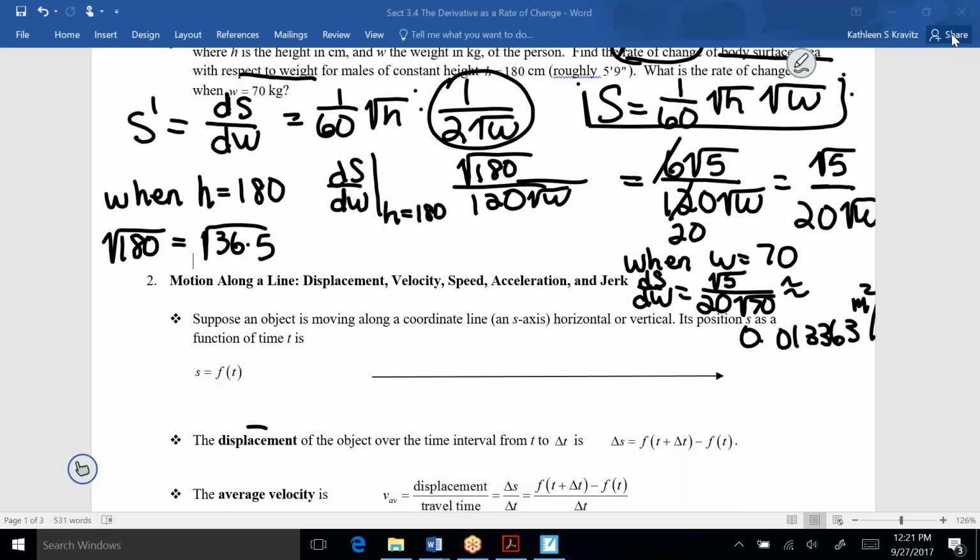All right, so after you plug in that 70 and you put it in your calculator, you get approximately 0.013363 meters squared per second. Did you get that same answer? Any questions on that?